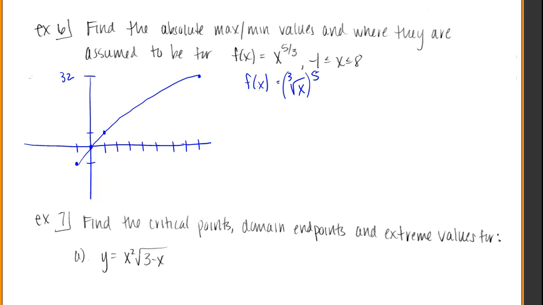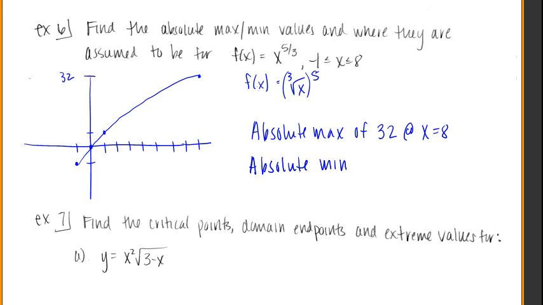So the absolute max is 32 at x equals 8, and the absolute min is -1 at x equals -1.